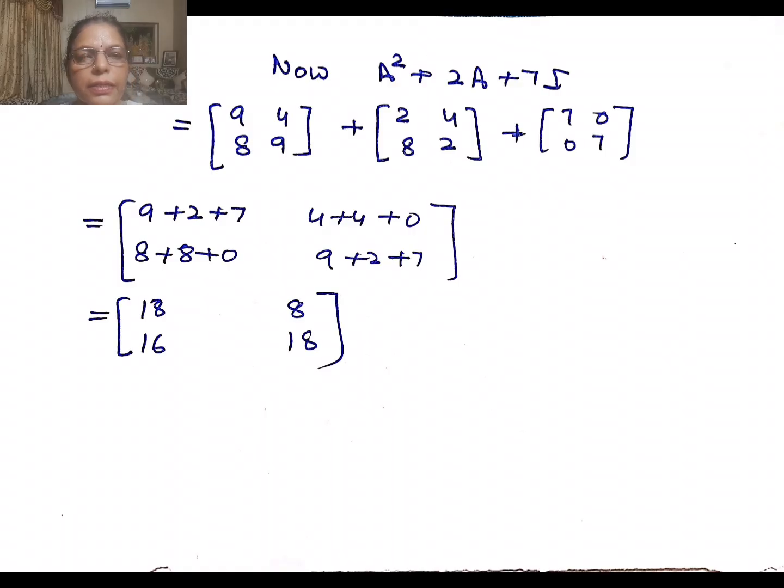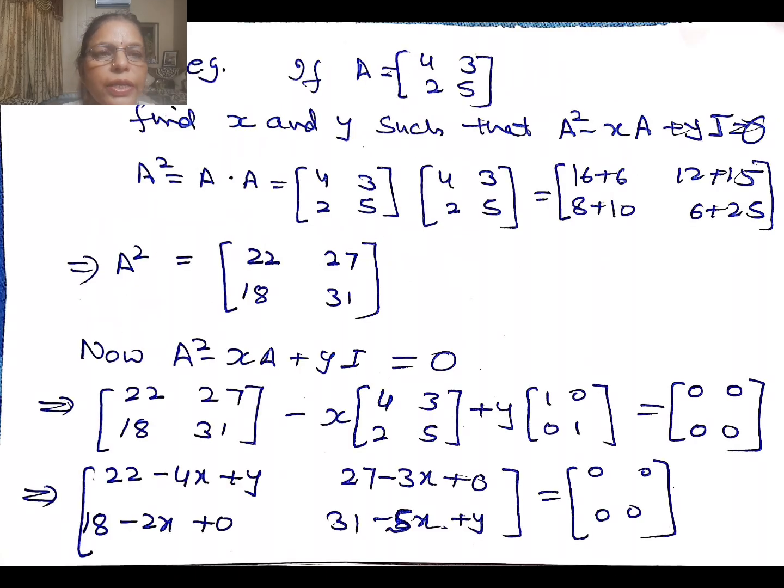That is the result. Now the second example: we are given A equal to [4 3; 2 5], a matrix of order 2, and we want to find the values of x and y such that the given equation A square minus xA plus yI equals 0. First find A square.